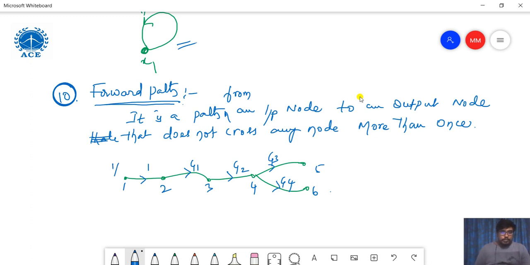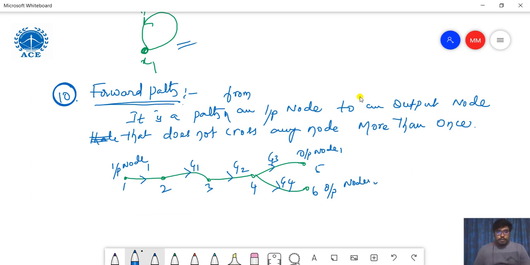And where is the output node? This is one of the output nodes, and this is another output node, right?